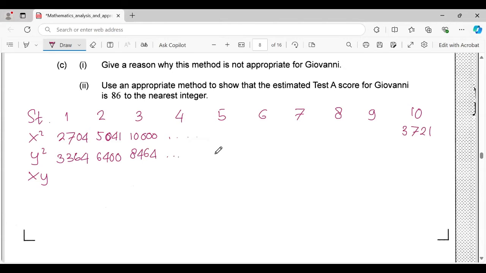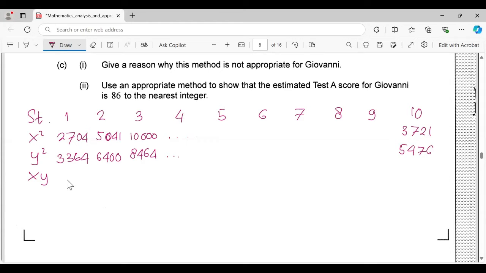So on, you can calculate until 10, 5,476. That is y squared.